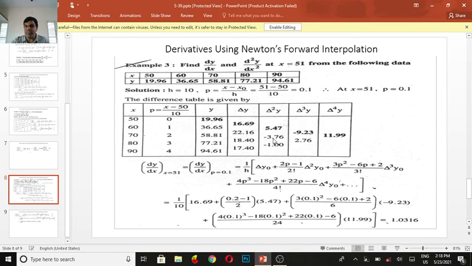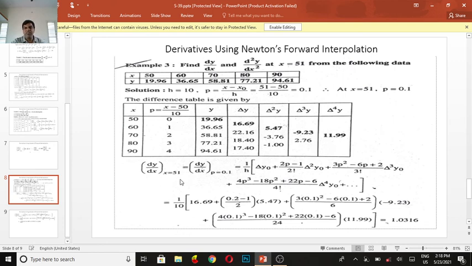Taking the difference again, minus 3.76 minus 5.47, we get minus 9.23. Again, minus 1 minus of minus 3.76, we get 2.76. Taking the difference for delta raised to 4, we get 2.76 minus of minus 9.23, which is 11.99.